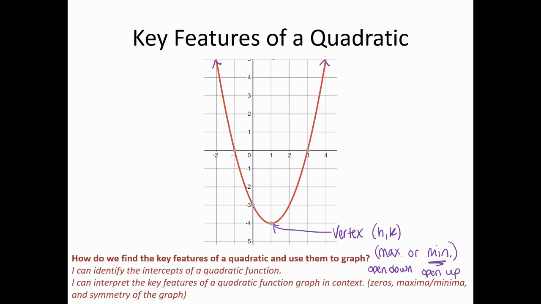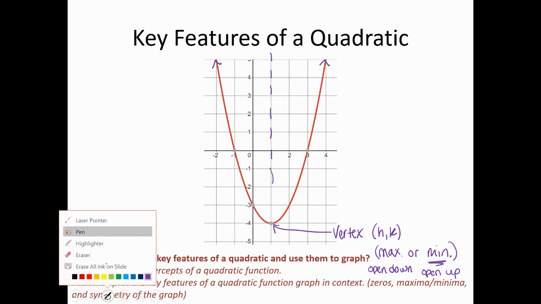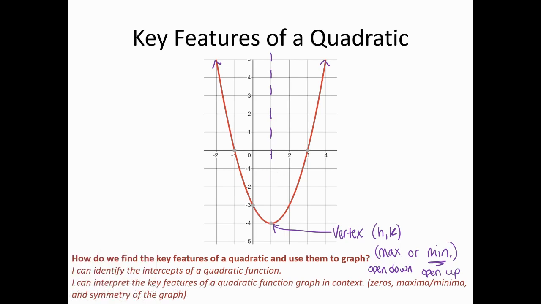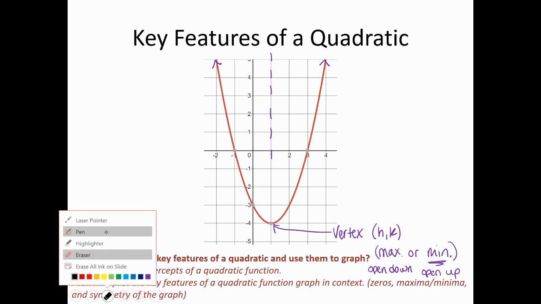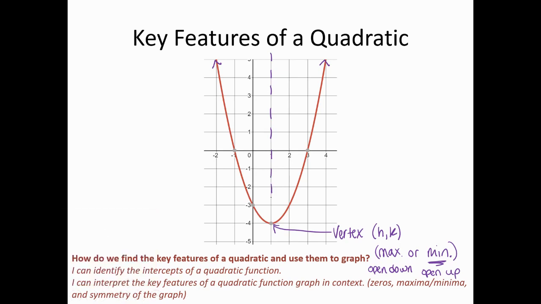Cool. And then we also have our axis of symmetry that we talked about in our last lesson on graphing. That axis of symmetry, all the points on one side match all the points on the other. It's kind of like a mirror image.